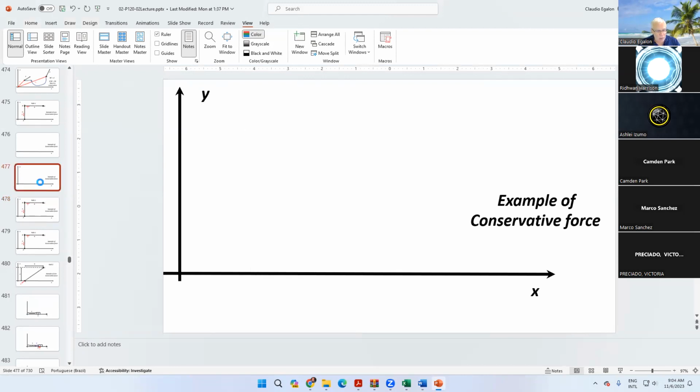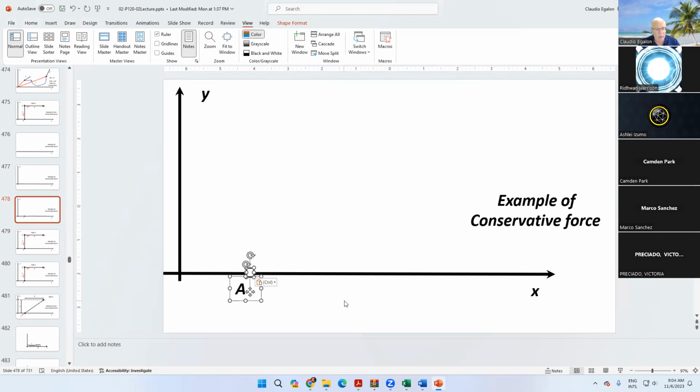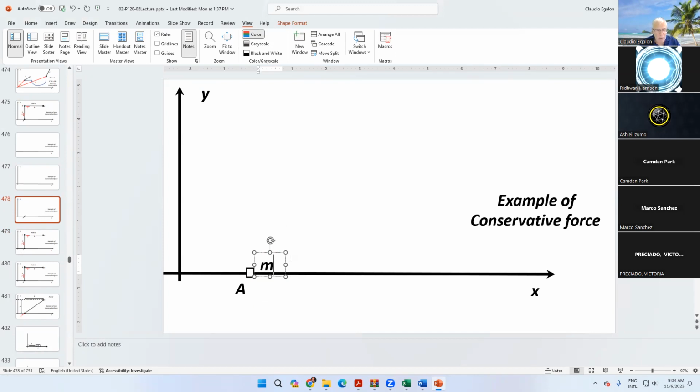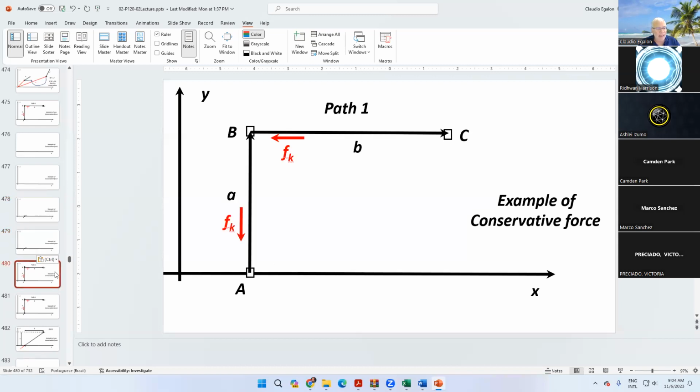And then we start with a mass. We start with a mass at point A. I'm going to put mass lowercase m. And I want to move my mass from point A to point C, just like I did with the other one, right? If you remember that.